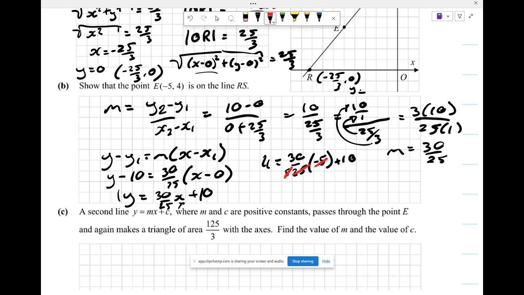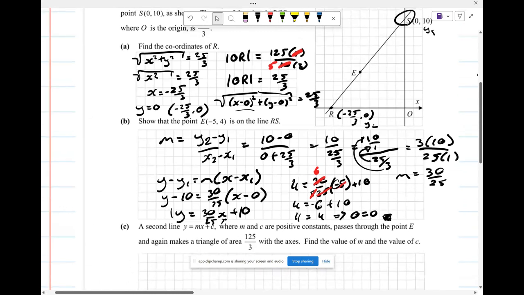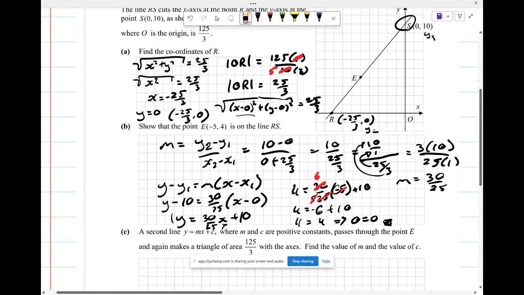And our 5 can even go into our 30, and that's going to be equal to 6. So 4 is equal to -6, don't forget that minus there, plus 10. So 4 is going to be equal to 4, therefore 0 is equal to 0. So that shows that our point (-5, 4) is on the line S.